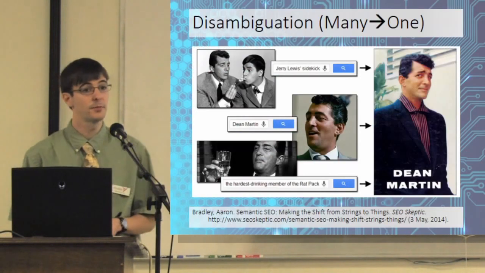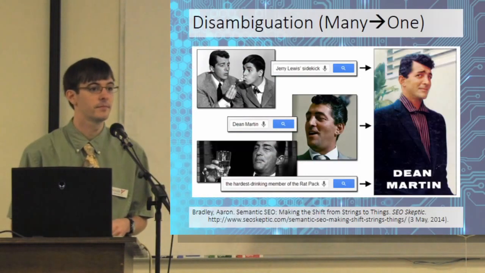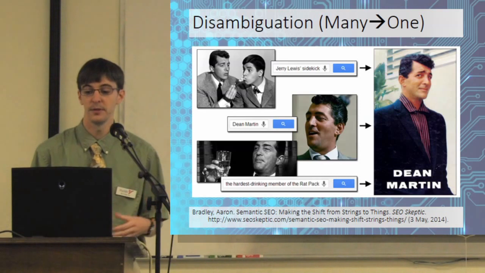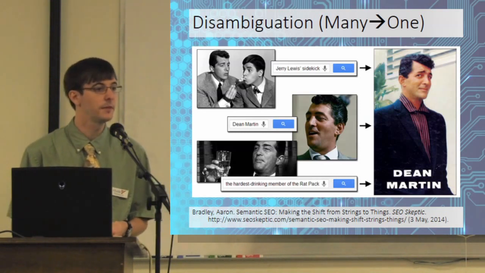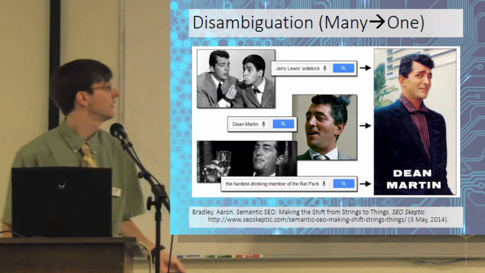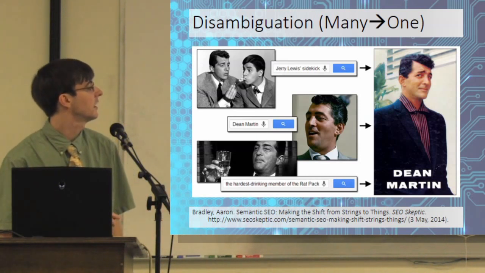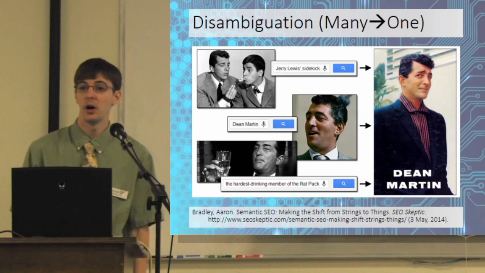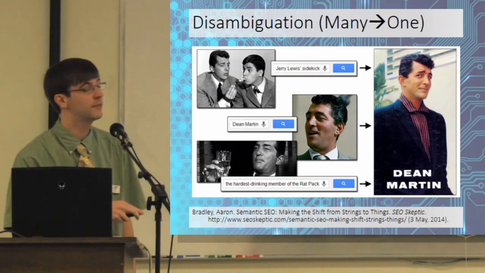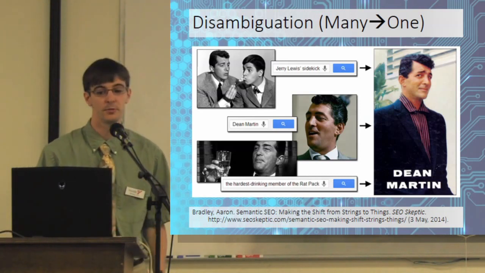So very often, there's a process called disambiguation. And very often, there are many names for one thing. So in this example, Dean Martin, of course, Jerry Lewis's sidekick, and the hardest drinking member of the Rat Pack, all of those refer to the same Dean Martin who was a real person.